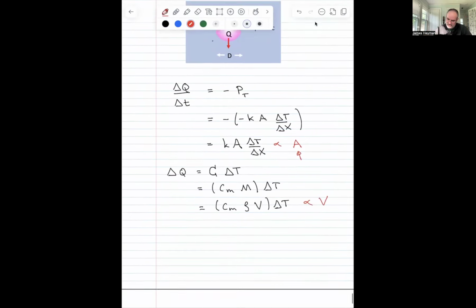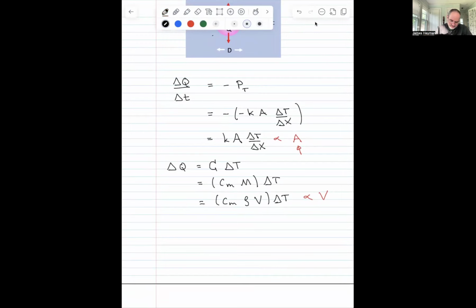Putting these together, on the left-hand side, we have specific heat times density times volume times delta temperature over delta time. And that's equal to, on the right, the thermal conductivity times the area times delta T over delta X.